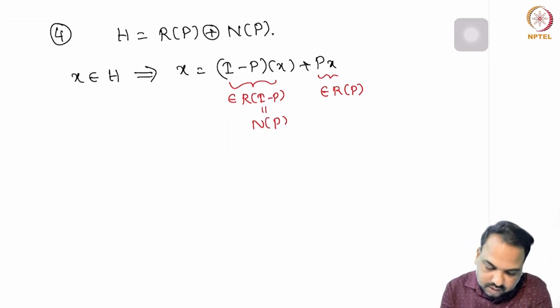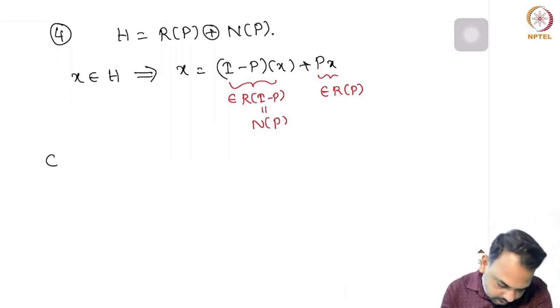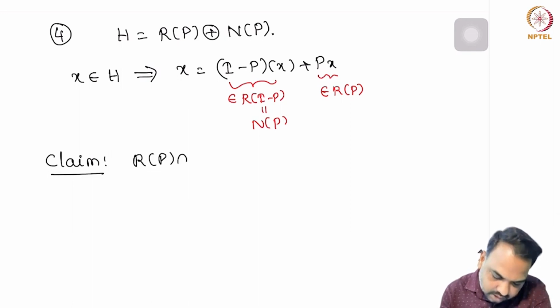Next we want to show that their intersection is 0. Claim: the range of P intersection the null space of P is 0.